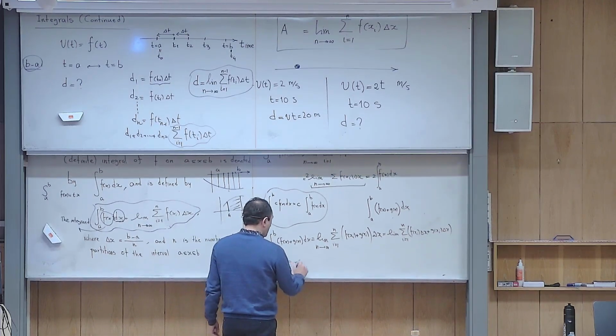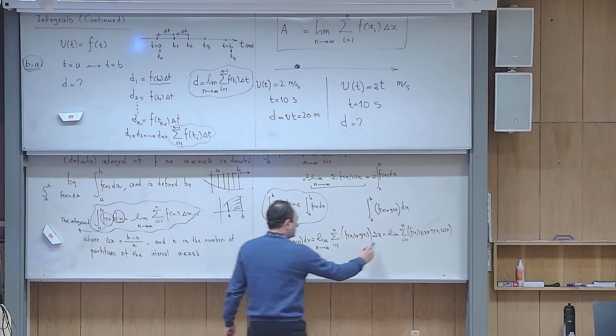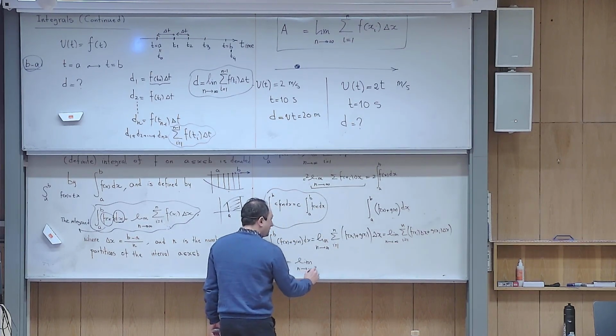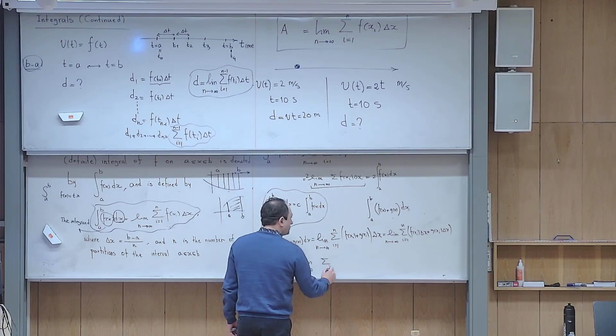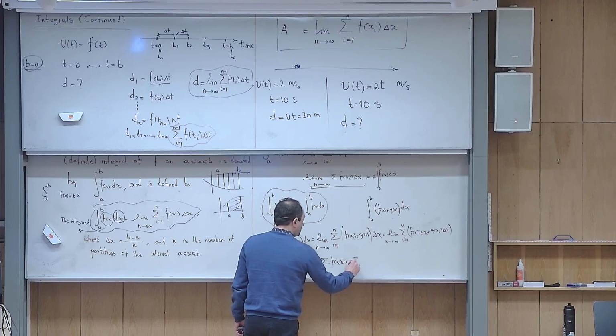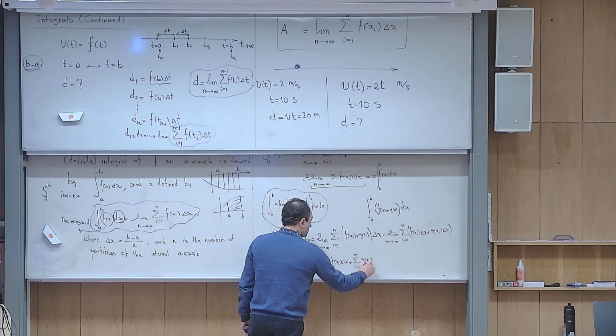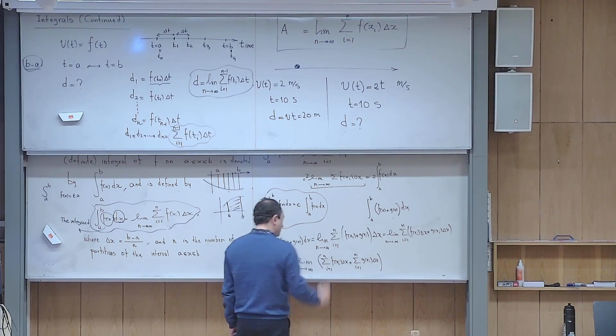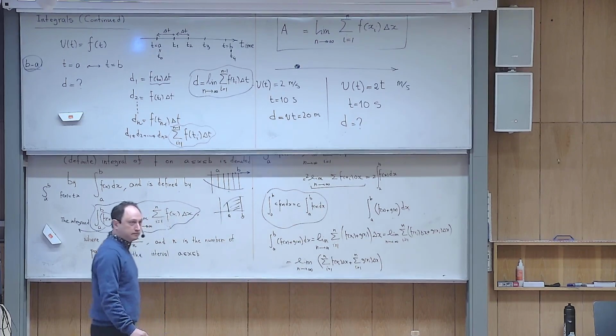So I can copy and paste the limit, of course n goes to infinity, and then I break that sigma into two sigmas. Sigma of the first part plus the sigma of the second part. Okay, is that understandable?